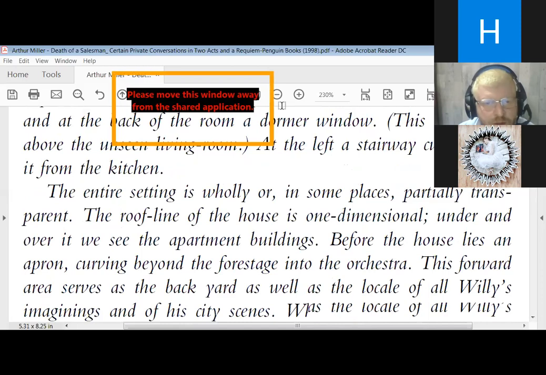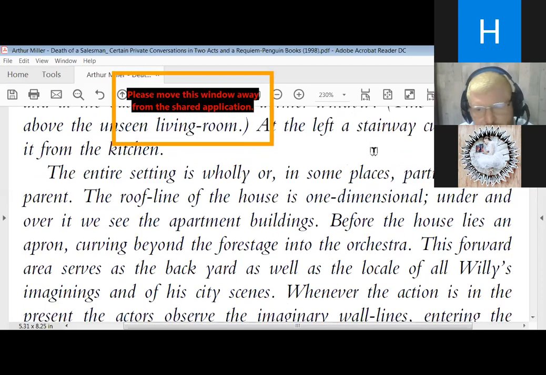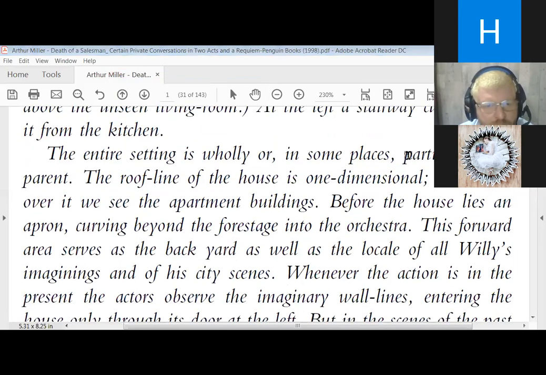Okay, so the entire setting is wholly, or in some places partially, transparent, and this is something important. It is transparent in the sense that we can see everything in the house. And you remember we spoke previously about the broken fourth wall. The theater is like a room, and a room should have four walls.